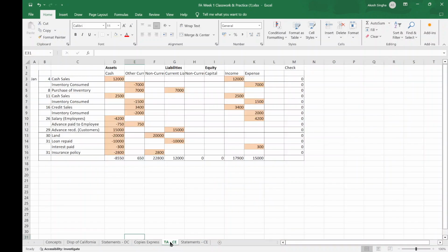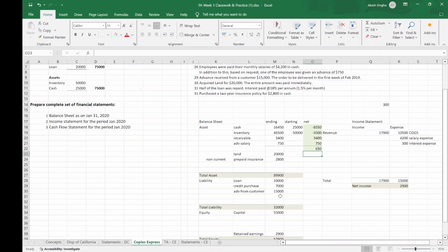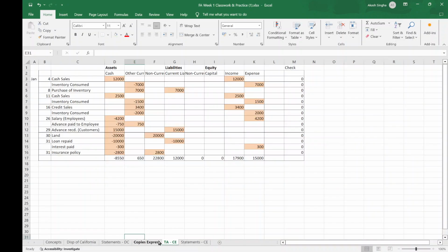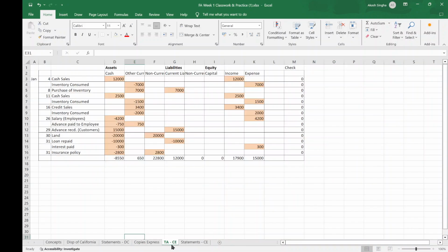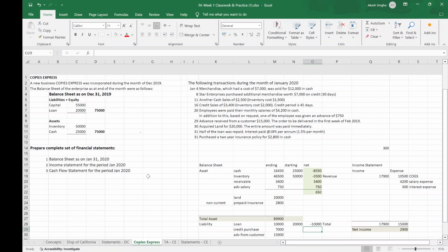Liability is also current and non-current. The loan was previously 20,000, so what is the net change in loan? The loan is also taken as current, I think, a 1 year loan. Is it written somewhere?